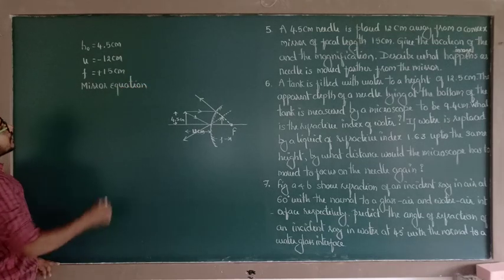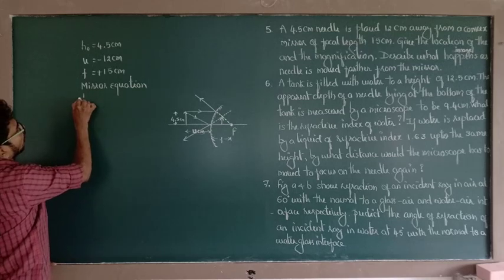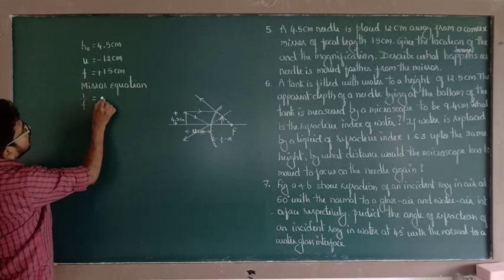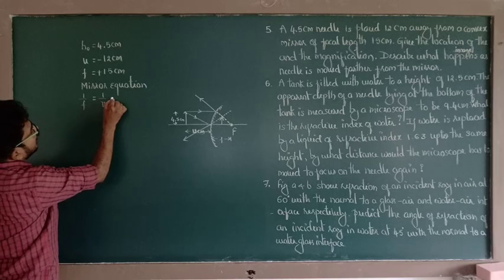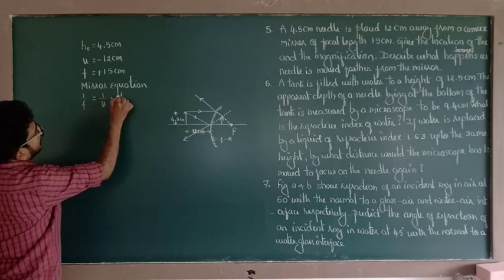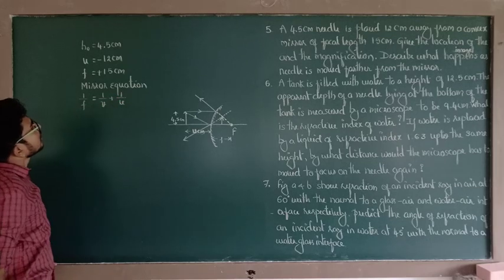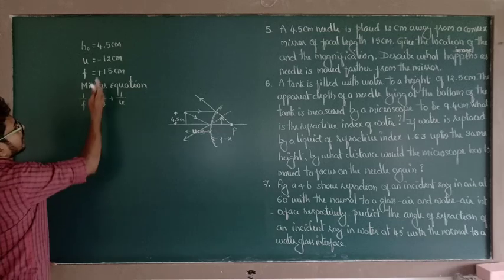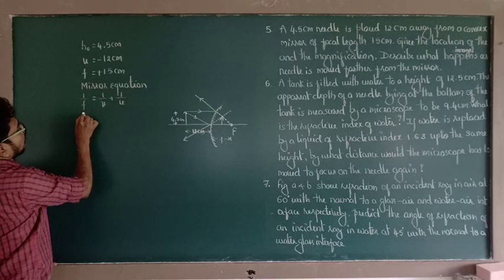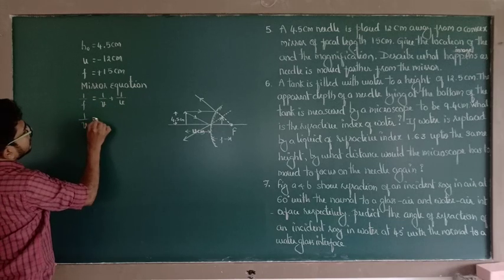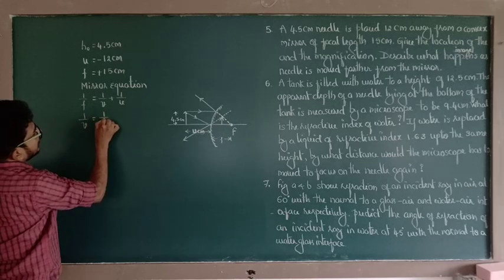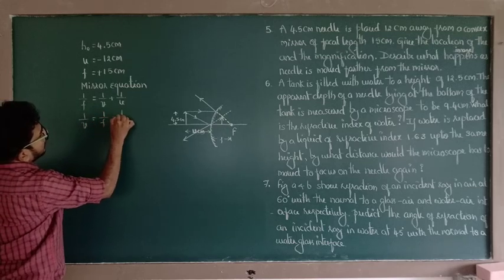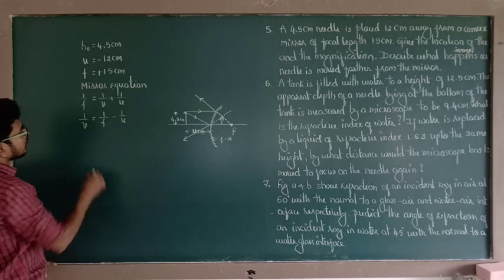We know the mirror equation: 1 by f is equal to 1 by v plus 1 by u. Separating the image distance, 1 by v is equal to 1 by f minus 1 by u.